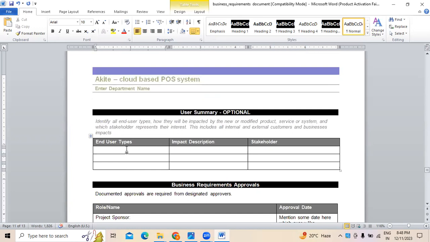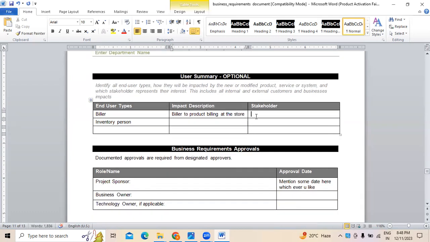Next, end user types. Who are the end user types? One is the biller. Second is the inventory person. Impact description: the biller does product billing at the store. What kind of stakeholder is this? He is an external stakeholder.